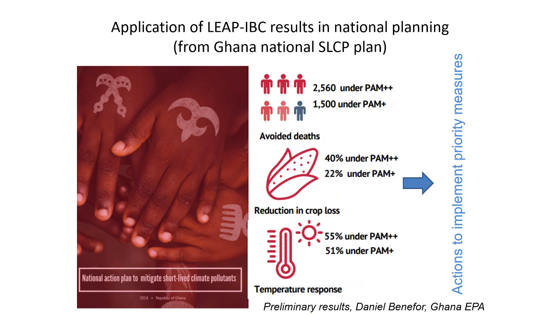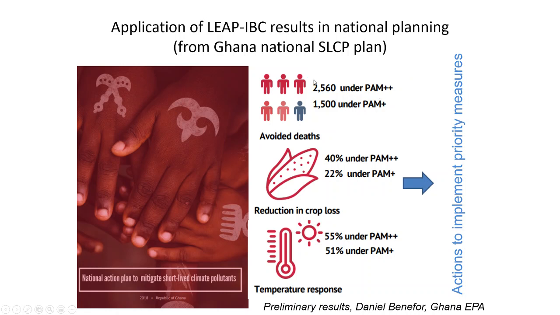So just to finish, Ghana is then using this analysis to support the development of a national action plan to reduce short-lived climate pollutants. And the IBC allows them to summarize the effect of implementing this plan in three key statistics.